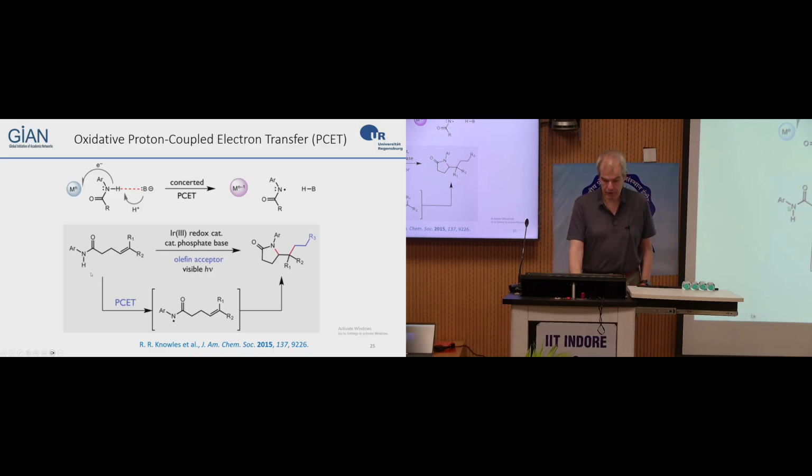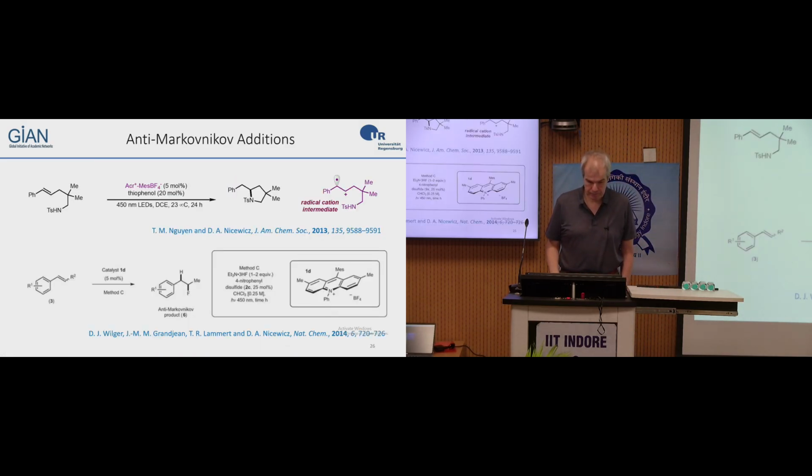And then this N-centered radical, in this case, is doing a 5-exo trig cyclization. That's always very favorable. And in this case, I think I should have put in a third acceptor molecule. They were actually trapping the resulting radical with another alkene. But the more important thing is again the oxidation, and the oxidation is generally helped by going through the anion rather than through the neutral species.